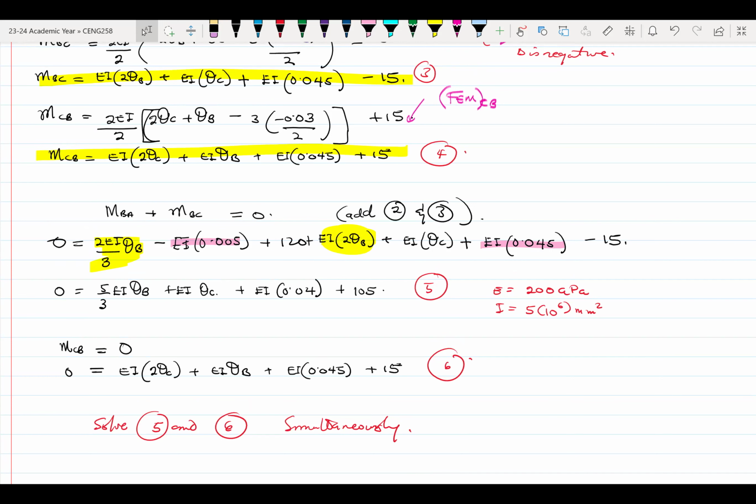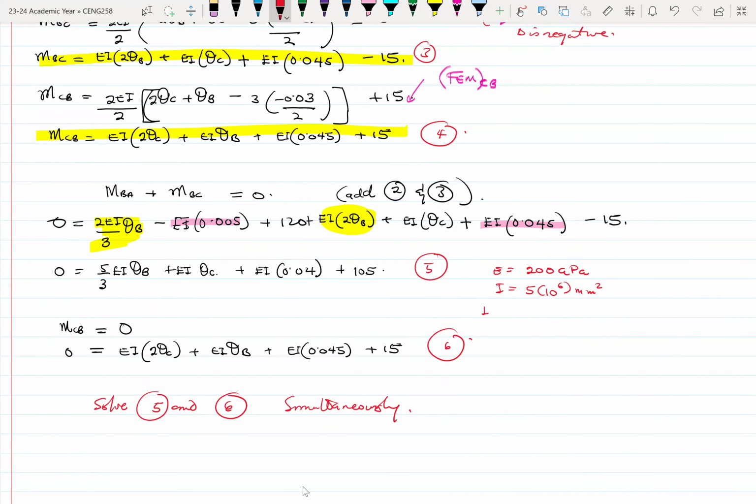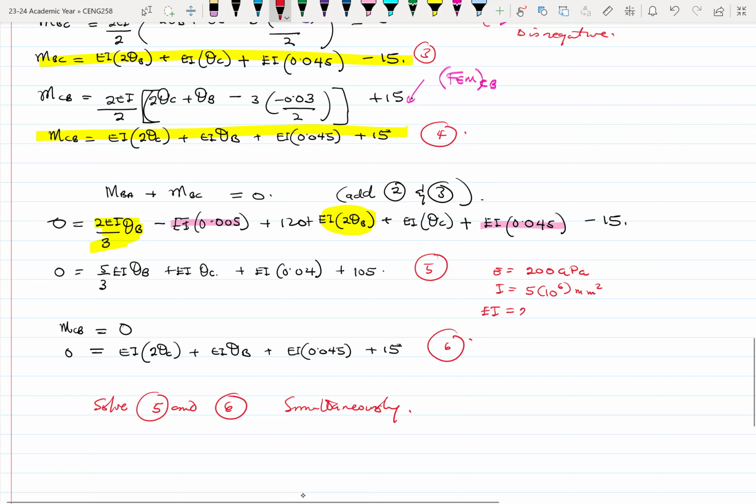Since I want everything to be in kilonewtons and meters, sorry, meters and newtons, my EI here will be quite an interesting number. 200 times 10 exponent 6 kilonewtons per meter squared times 5 times 10 exponent minus 6.